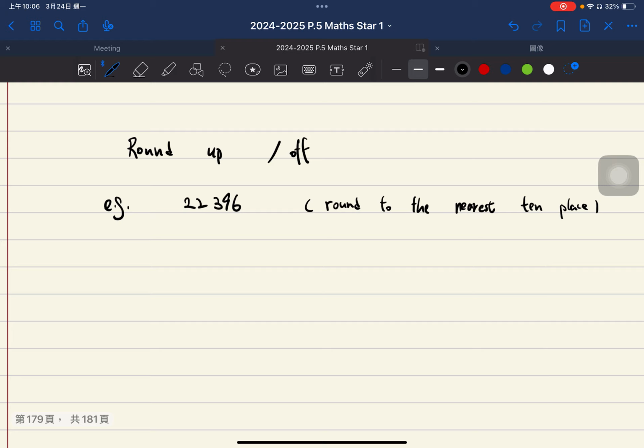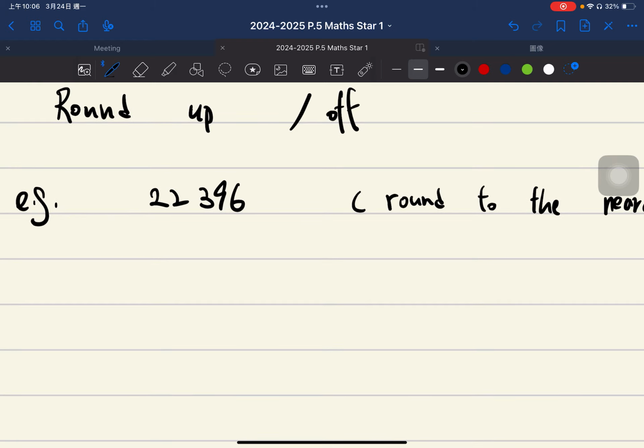We find the number on the 10th place, and then we look at the number on the right. If it is 0 to 4, we will round down. If it is 5 to 9, we will round up.